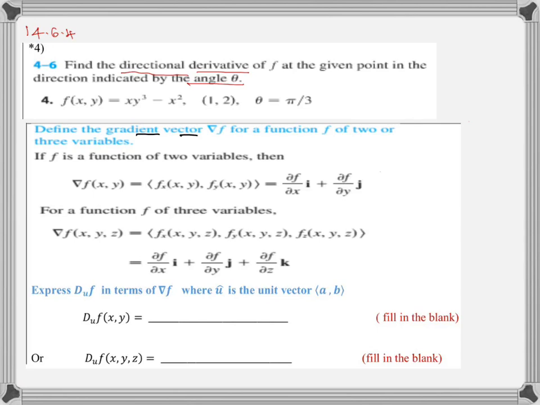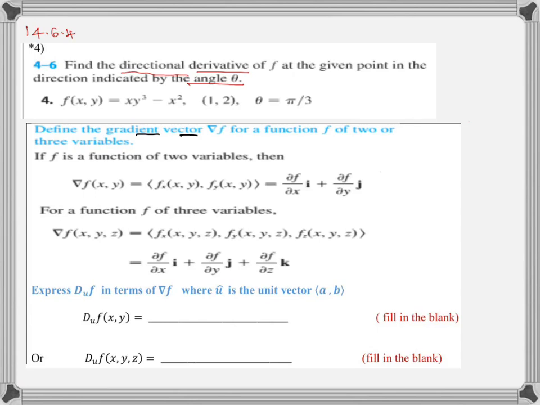This is for two dimensions. For a function f of 3 variables, del f, or nabla f, or gradient f of x, y, z equals, in component form, f x, f y, f z, all at the point x, y, z. This can be written in i, j, k form as partial derivative of f with respect to x times i plus partial derivative of f with respect to y times j plus partial derivative of f with respect to z times k. So this is the definition of the gradient vector.